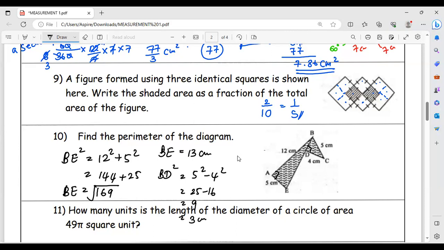Then we have to find the DE. How do we find DE? 13 subtract 3, it is 10 centimeters. Now find the perimeter. Perimeter equals 12 add 5 add DE, it is 10 centimeters, add 4 add 5.